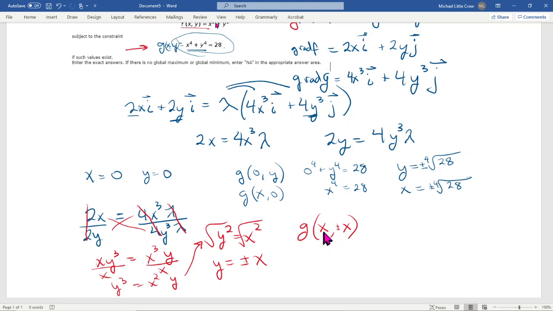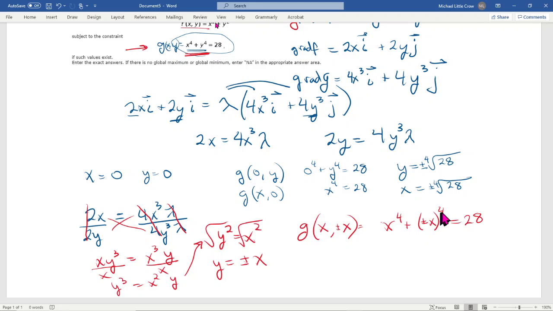Okay, so if we plug in x, what does that give us? Well, again we're using this function up here, so we get x to the 4th plus or minus x to the 4th equals 28.